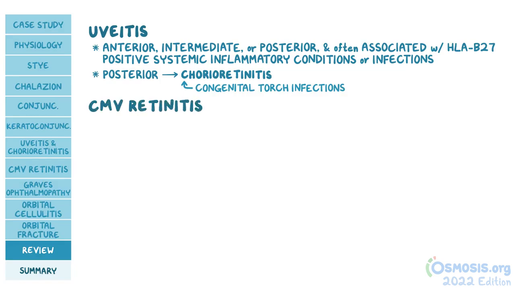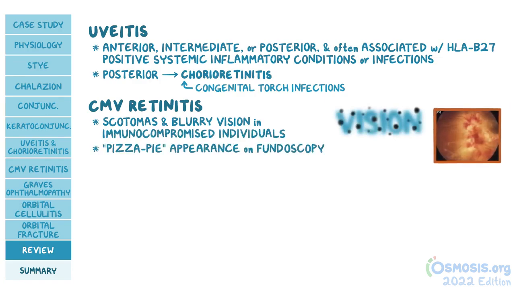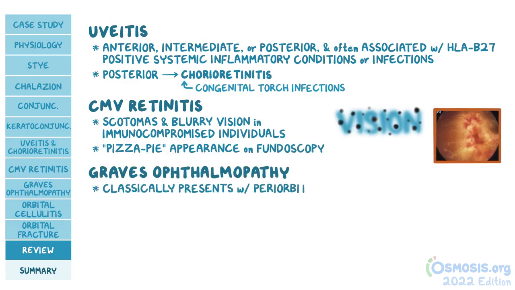CMV retinitis presents as scotomas and blurry vision in immunocompromised individuals and has a pizza pie appearance on fundoscopy. Graves' ophthalmopathy classically presents with periorbital edema, exophthalmos, and lid lag or retraction.